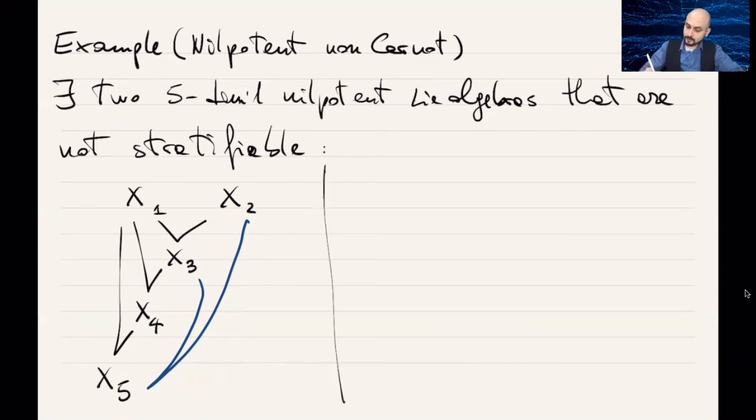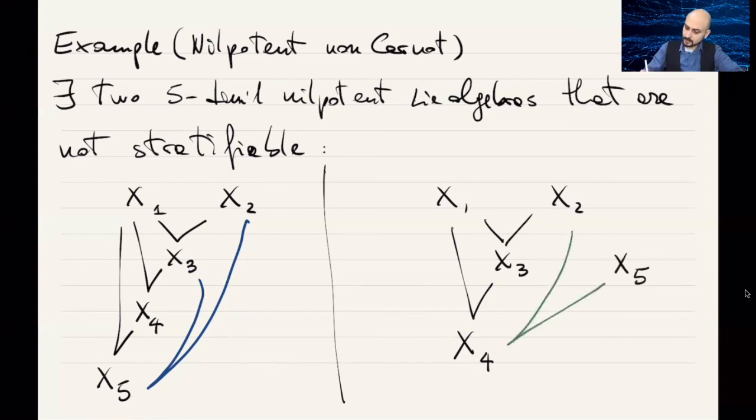Another example is the following. So x1, x2, x3, and then x4. This would be the angle. But now I add one more vector, x5, and I declare that the bracket between x2 and x5 is x4.